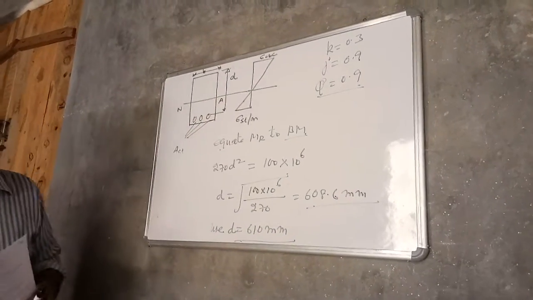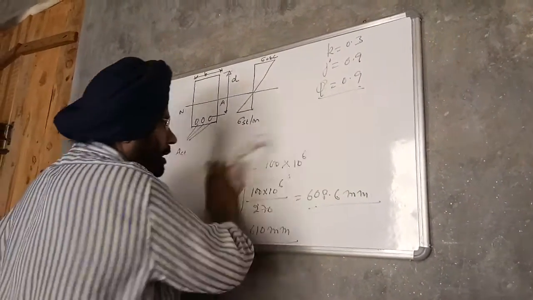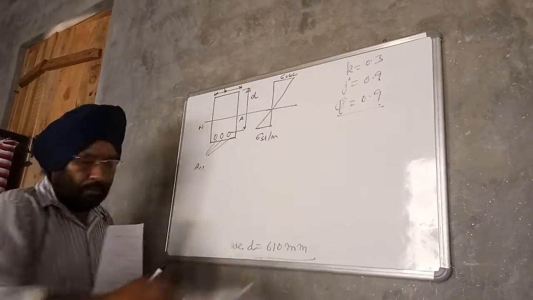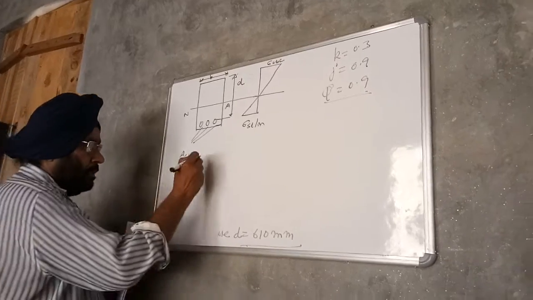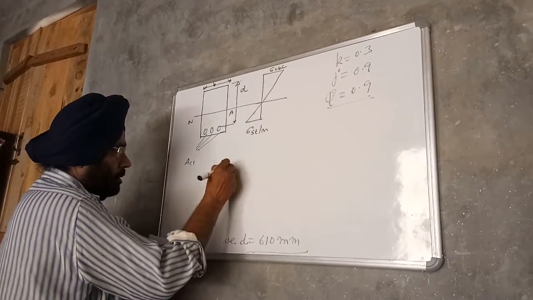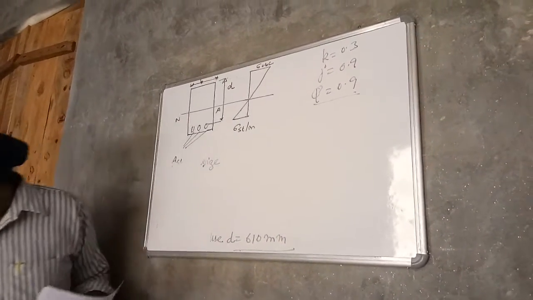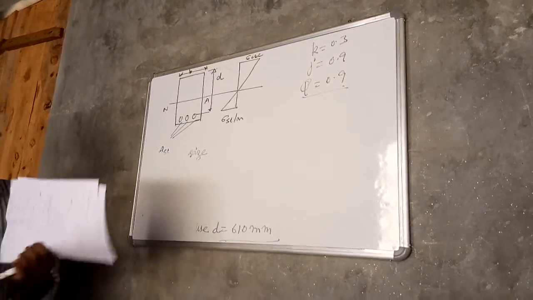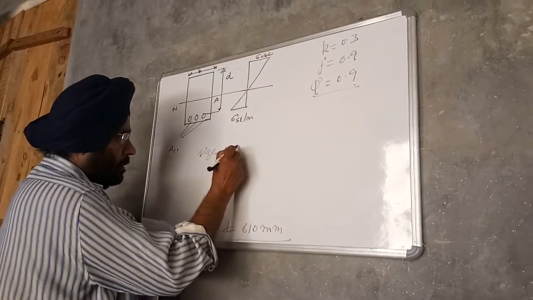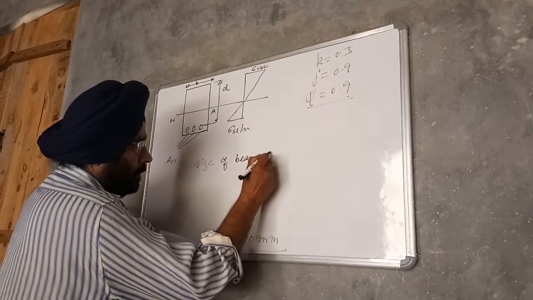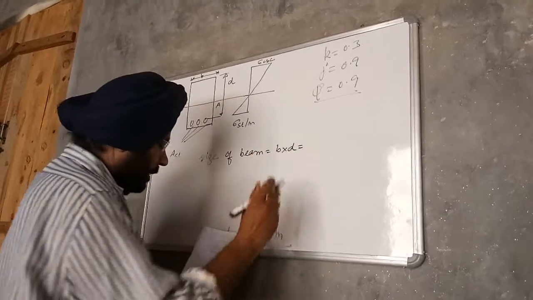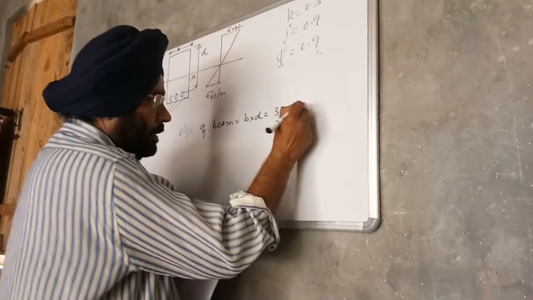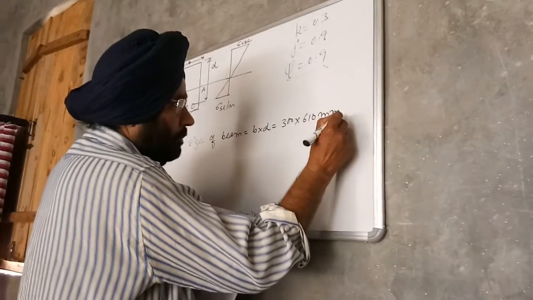So it means the size of the beam is B into D, so the width of the section is 300 millimeter into 610 millimeter.